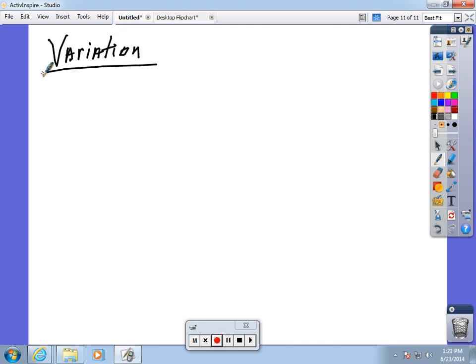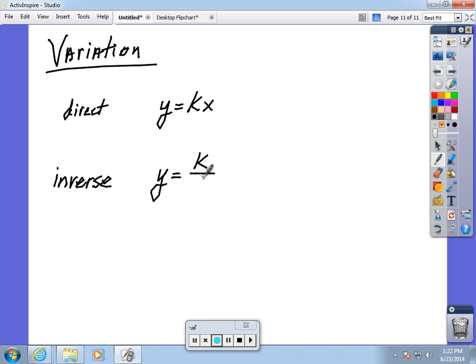The variations that you're going to be using are direct, which is y equals k times x; inverse, which is y equals k over x; and then joint, which is y equals k x w. All right, those are the three formulas that you're going to be using in this section.